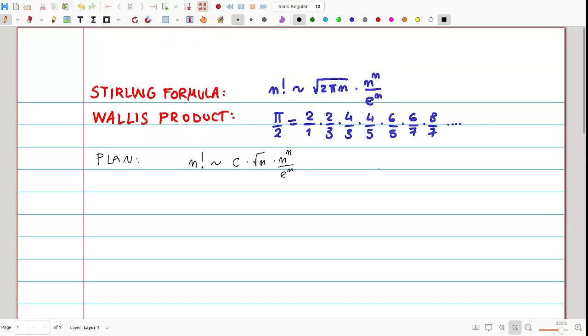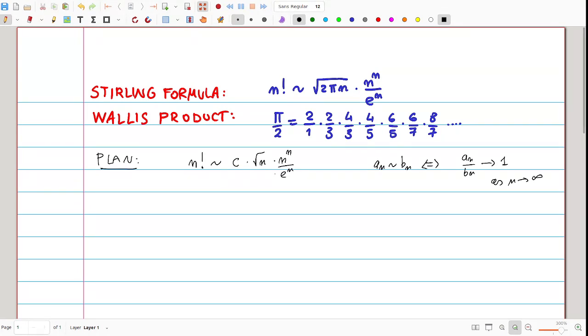Here, of course, we mean that an is asymptotically equivalent to bn means that the ratio an over bn goes to 1 as n goes to infinity.